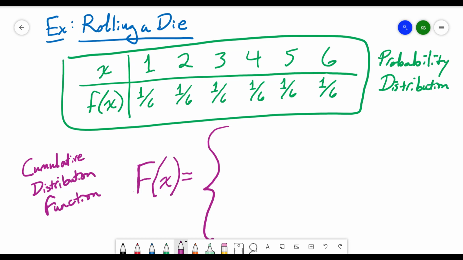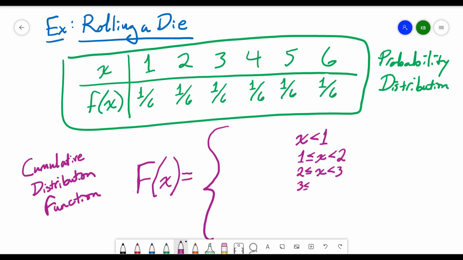The first piece is always going to be for the value of my random variable being less than the smallest value that it takes on. Then I'll take values of my random variable that are greater than or equal to the smallest value and strictly less than the second smallest value. And I'll progress this way until I've reached the top value.